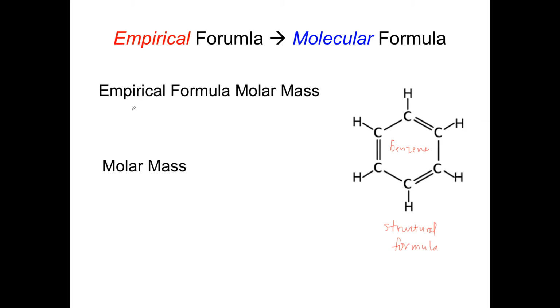So it looks like I've got here my empirical formula and my molecular formula. Let's do the molecular formula first. How many carbons do I have here? 6. How many hydrogens? 6. Okay, so what's the smallest whole number ratio between those? It's just CH.